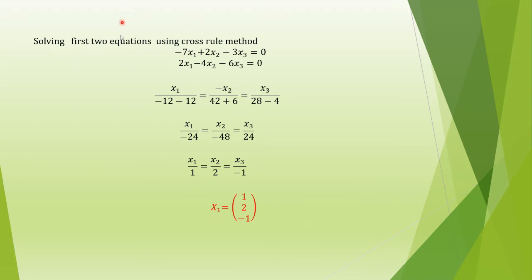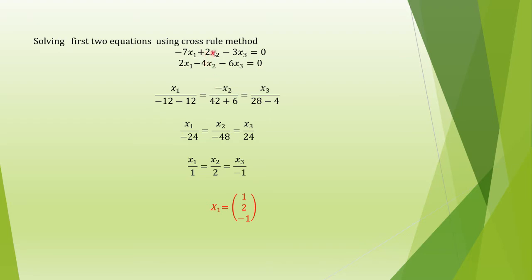Solving the first two equations using the cross rule method, only these two equations we are taking. If you want x1, eliminate x1. Solving these two, 2 into minus 6 minus 12, and minus 4 into minus 3, this is also minus of this, minus 12.